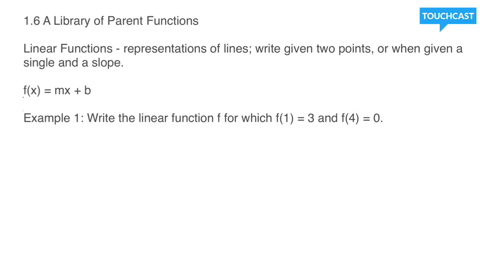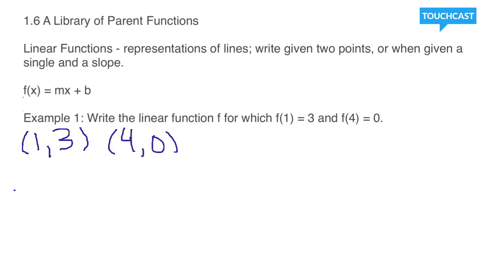As a reminder, this is just function notation for 2 different points. We have 1 point, 1, 3, and another point, 4, 0. And we can find the slope from that.